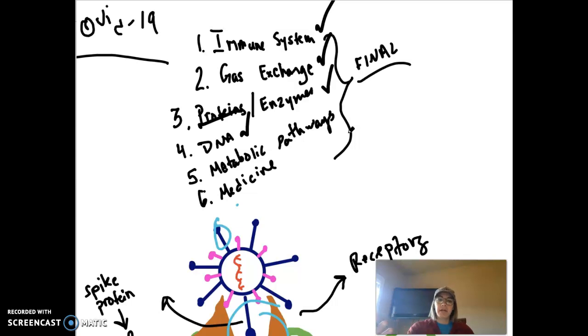I want you to know how this virus is impacting these metabolic pathways, and I want you to know how potential medicines that they're researching, like remdesivir and hydroxychloroquine, are able to impact these processes. Okay, this is all going to come out in that culminating final project that you guys are doing, and I hope that this really brings a lot of meaning to what it is that we're learning about.